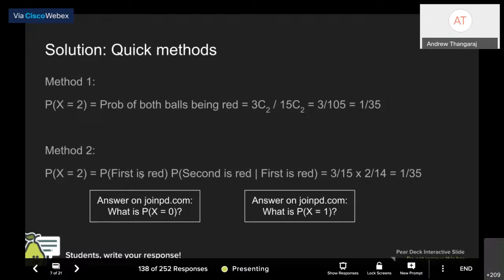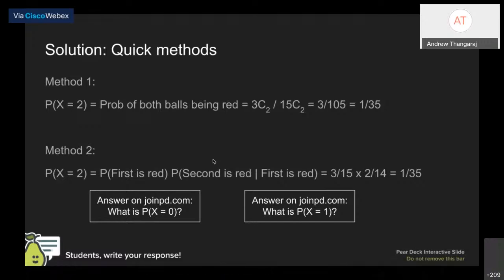Probability first is not red times probability second is not red given first is not red, right? What is the probability first is not red? It's 12 by 15. Now you have 11 not red balls and 14 total. So it is 12 by 15 times 11 by 14, isn't it? If you do that, I think you'll get 22 by 35. That's probably 0.62 or something like that. Okay, that's x equal to 0.